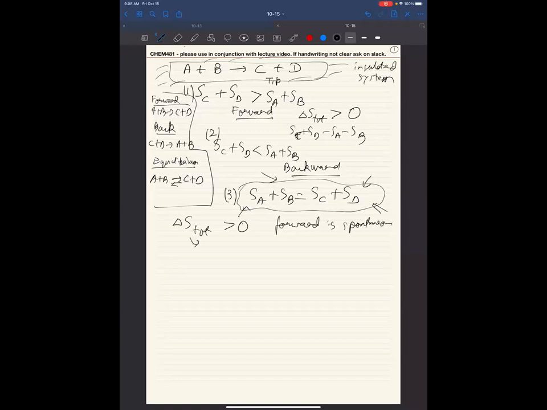And here delta S total is defined as S product minus S reactant. If delta S total is negative, then backward is spontaneous. If delta S total is 0, then it's a reversible reaction, and reversibility basically leads to the state of equilibrium.